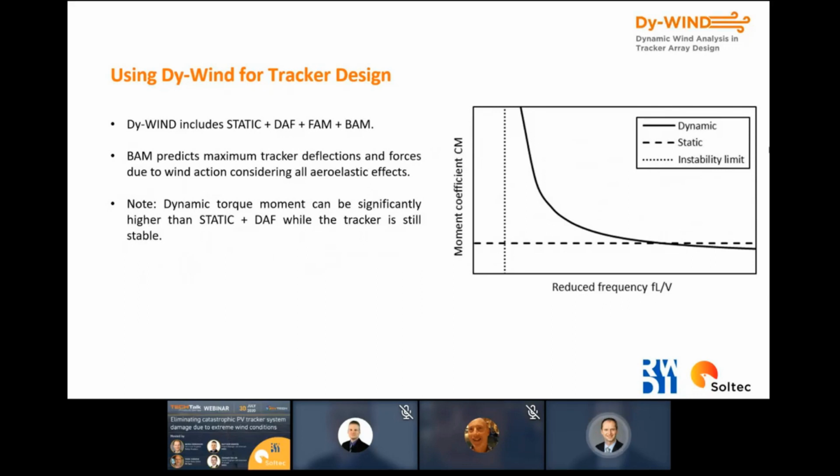And the continuous line is the dynamic moment coefficient that increases the closer the tracker design gets to the instability limit. If you pick a tracker design with its corresponding reduced frequency, the torque tube needs to resist the moment resulting from the sum of both coefficients, the static and the dynamic one.